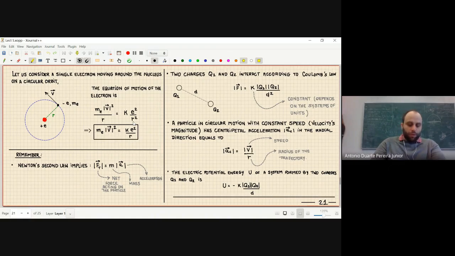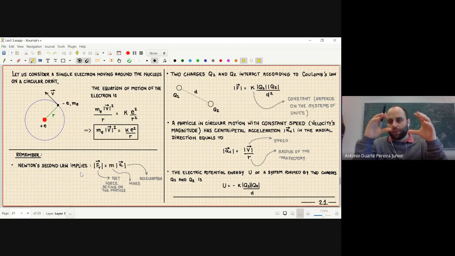So Newton proposed that given a particle whose motion you want to describe, the total force that acts on this particle, so if you take all the forces that are acting on this particle, and remember, forces are vectors, and the total force will be the sum of those vectors, will be equal to the mass of this particle times the acceleration of this particle.